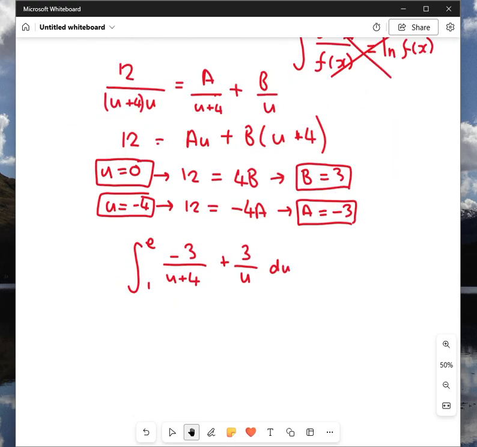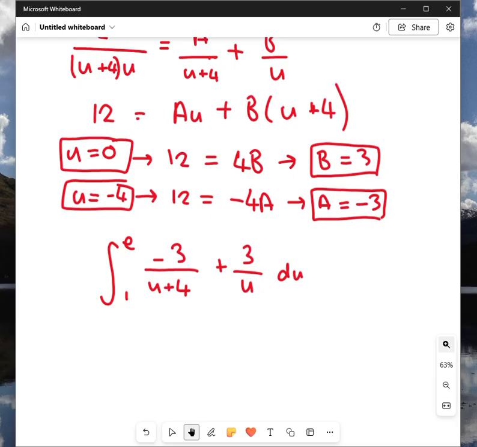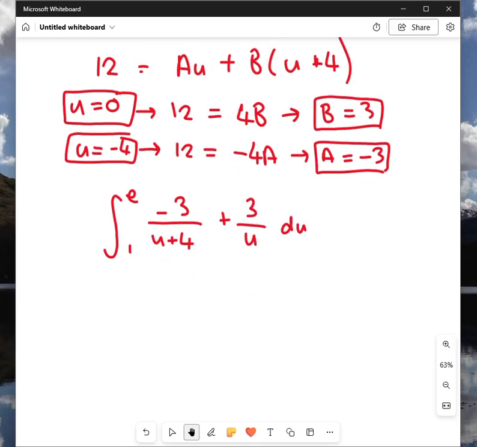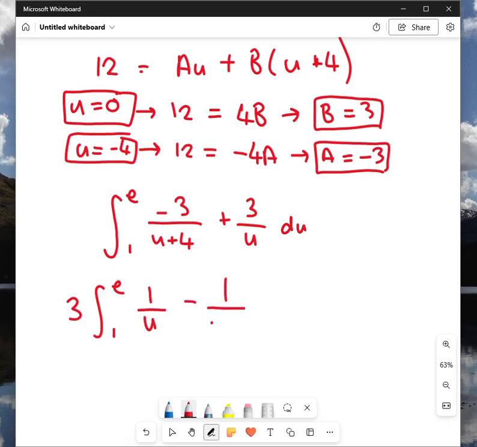So to make that easier for me to integrate, I think I'm going to put the 3 on the outside, because if we've got a constant term, we can shove that on the outside because it's not going to affect our overall integration. And I'm also just going to write that as 1 over u minus 1 over u plus 4, I'm just going to swap them around like so.